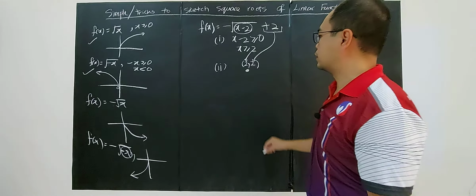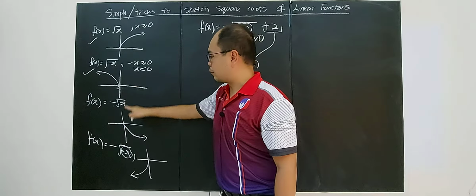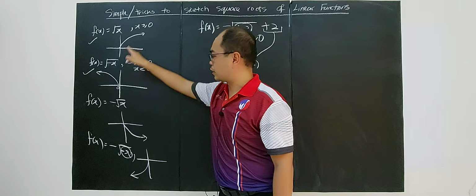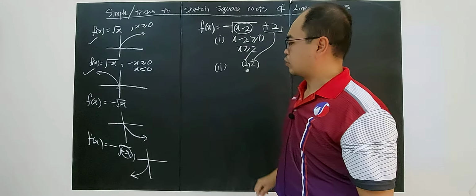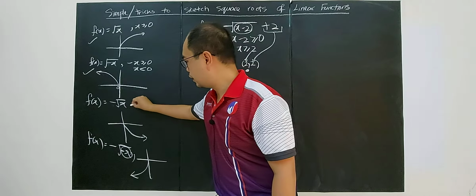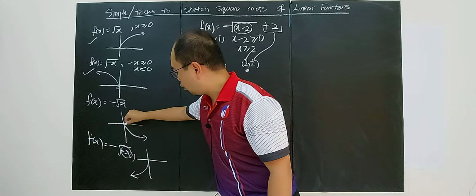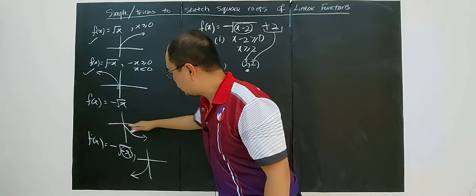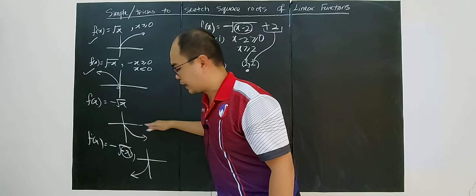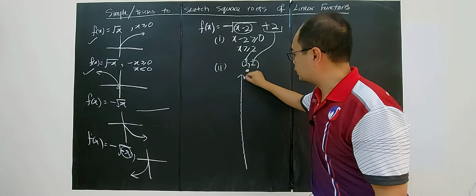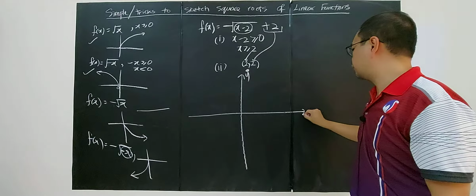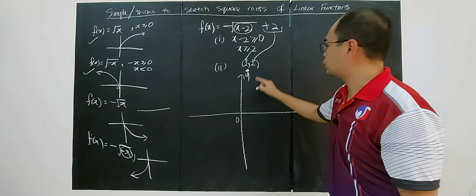Now, very simple. As you know, there are 4 types of graph here. If you have a negative here, it will always be below the horizontal line. You see what I mean. So first you put the point (2, 2).